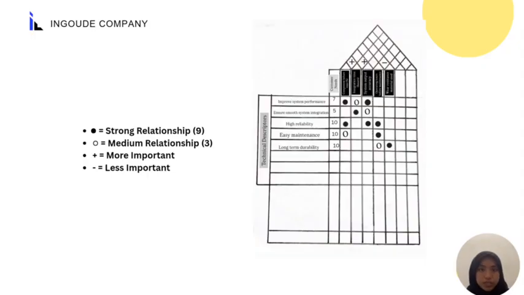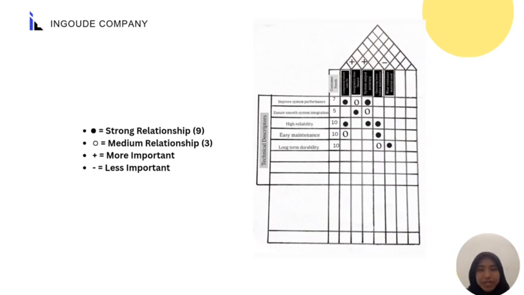Second, ensure smooth system integration. Third, high reliability. Fourth, easy maintenance. And fifth, long-term durability. At the top of the row, we have the technical descriptors. These are the measurable factors that our engineers will focus on, such as component failure rates, integration times, output accuracy, operating hours before maintenance, and wear resistant materials.